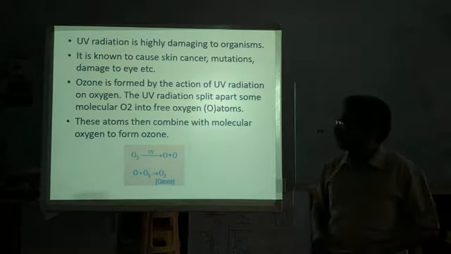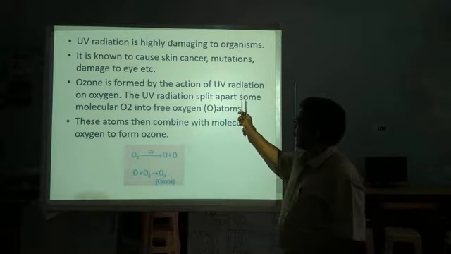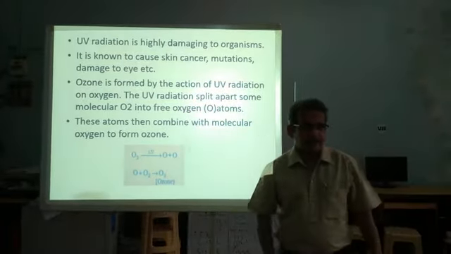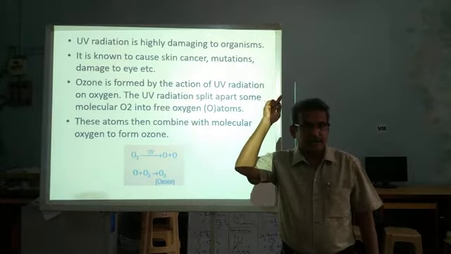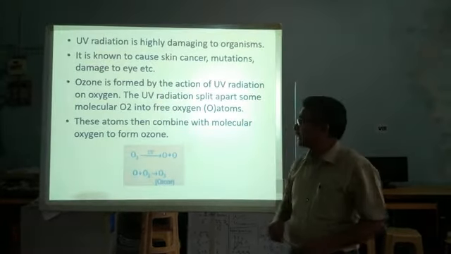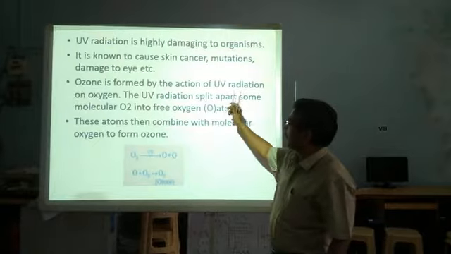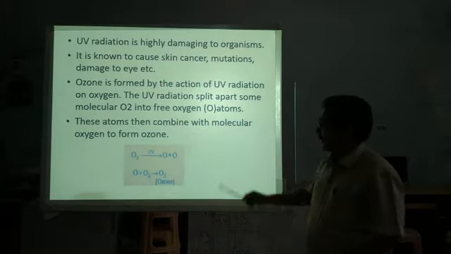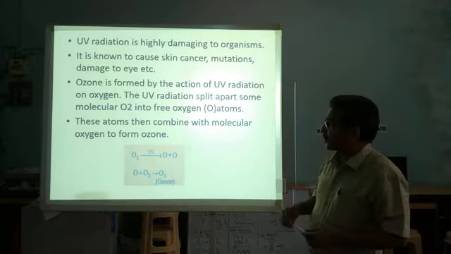Then ozone is formed by the action of UV radiation. How is ozone formed in the stratosphere? That is one of the major things we have to see. The ozone is formed by the action of UV radiation on oxygen. So, what is the action of the UV radiations on oxygen?